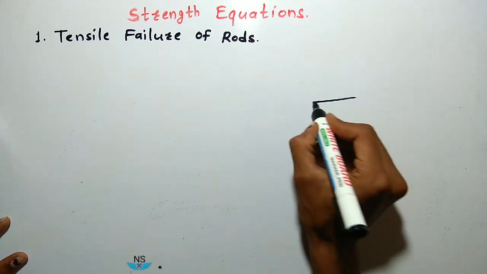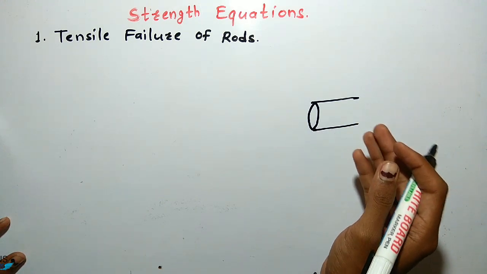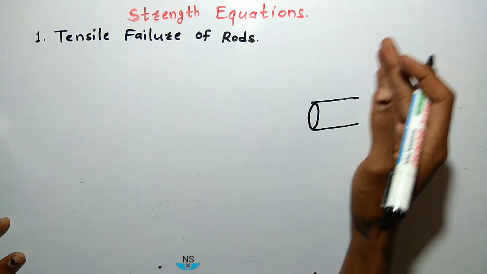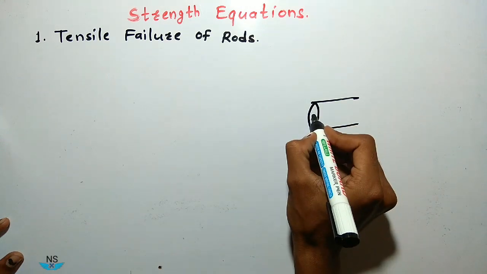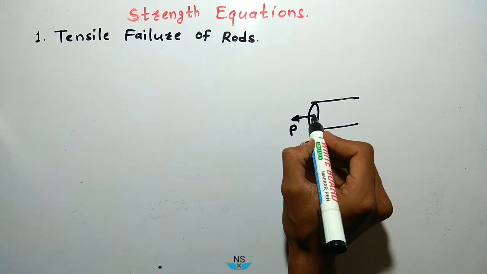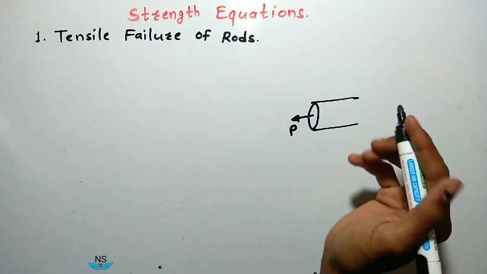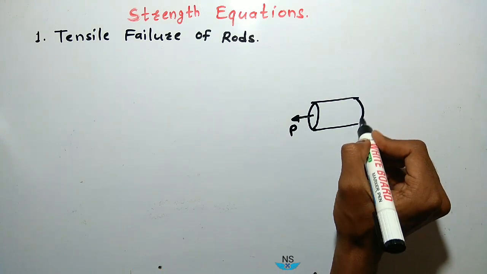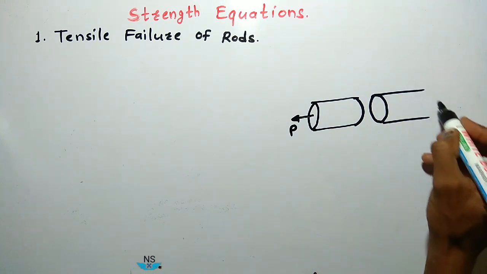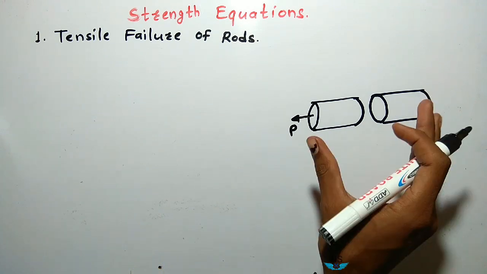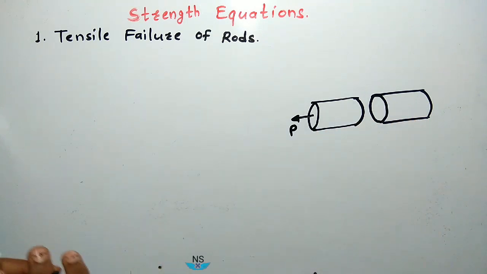In the diagram, this is the rod, and ahead of it is the socket. Take the rod at the spigot end; the load on it is tensile load P. Due to this load, tensile failure of this rod will take place. How will the failure take place? This type of failure will take place. This rod will break in two sections due to this tensile load.